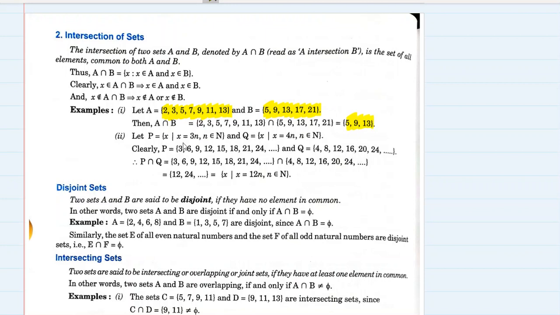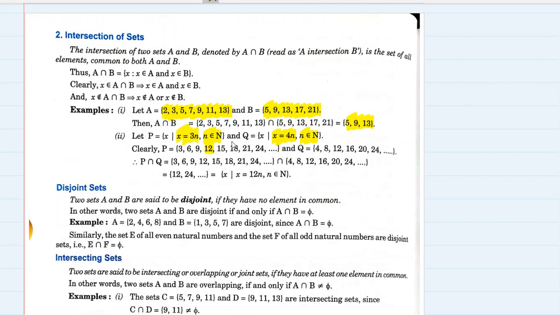Let P be the set of all elements x such that x is equal to 3n, where n belongs to natural numbers, and Q is the set of all elements x such that x is equal to 4 times n, where n is a natural number. And if you see all these sets, you find something common.